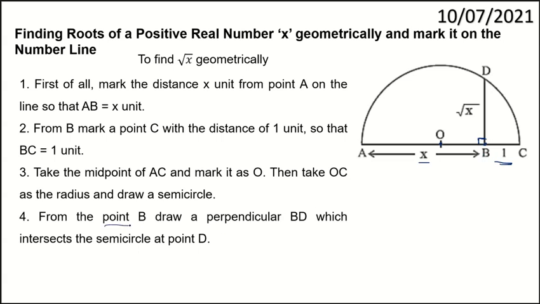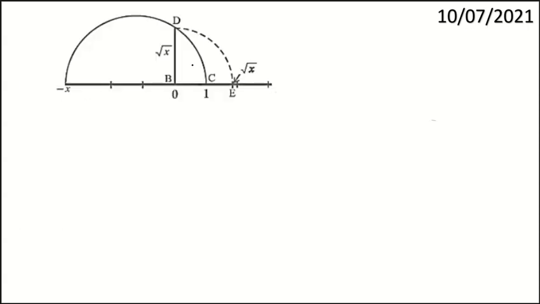So from point B, draw a perpendicular BD which intersects the semicircle at a point D. Here the length of BD, this B to D, is root x units. With the help of this BD length, which is root x units, we will go for showing it on a number line.